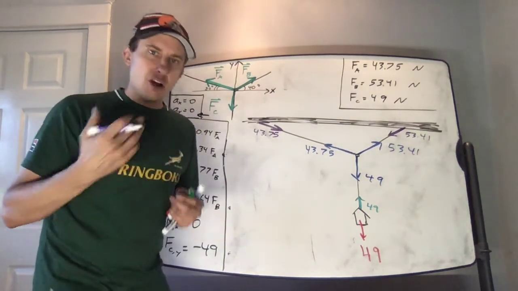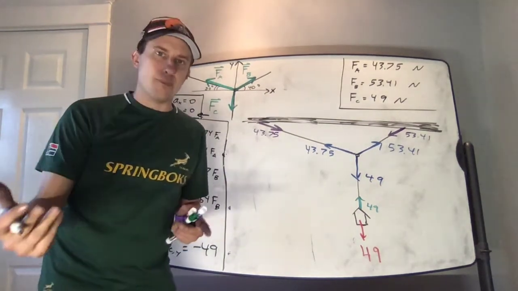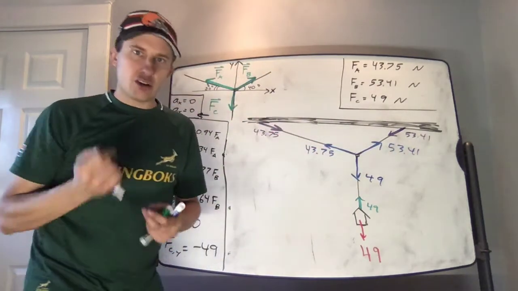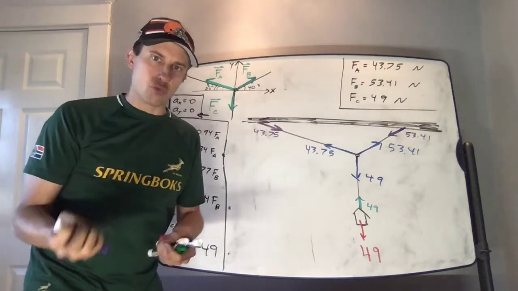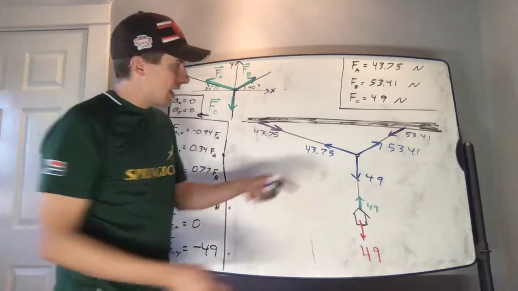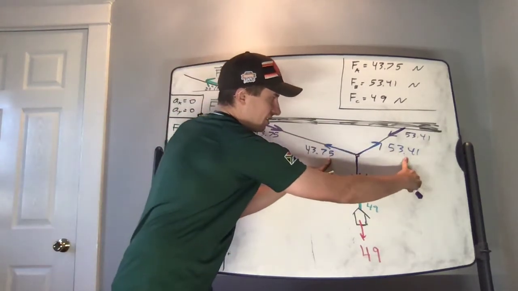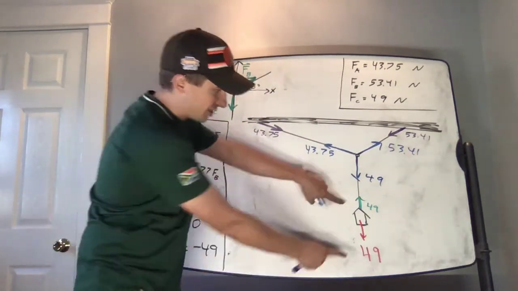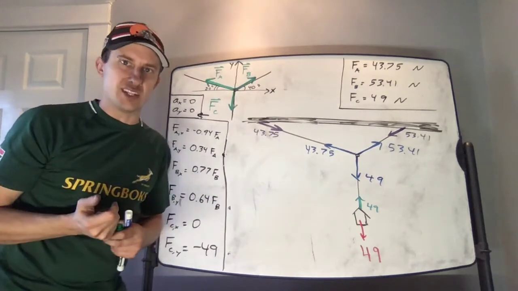So if I am talking about the forces on the bar, that would be these 2 forces. If I'm talking about the forces on the ring at the center where the ropes are all tied to each other, I would talk about these 3 forces. If I'm talking about the forces on the birdhouse, I'm talking about these 2 forces.